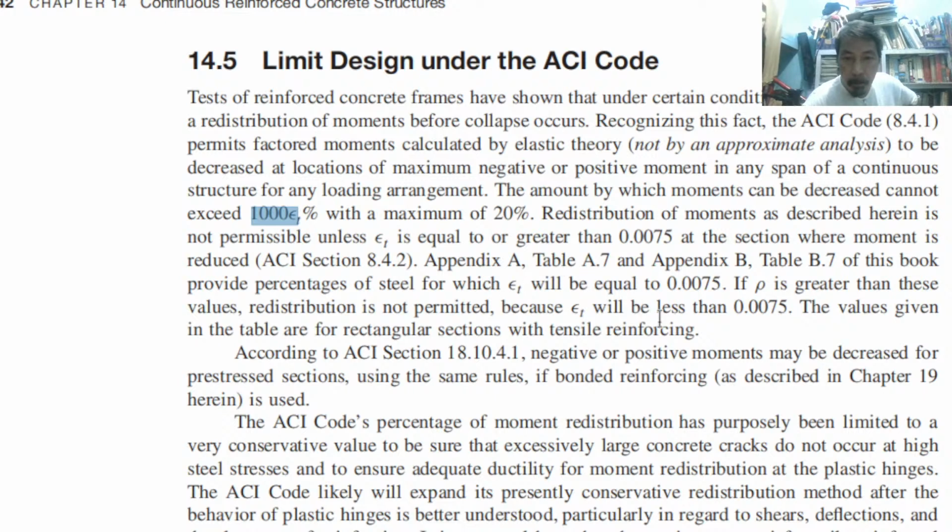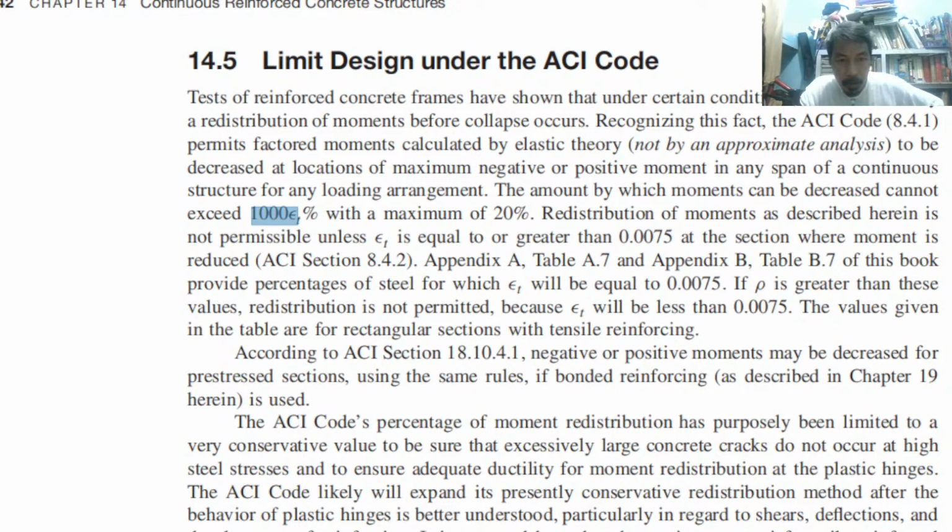Values given in the table are for rectangular sections with tensile reinforcement. So we have tables, for example, A.7 and B.7. A.7 is, I think, the table for English units, and B.7 is the table for SI units.